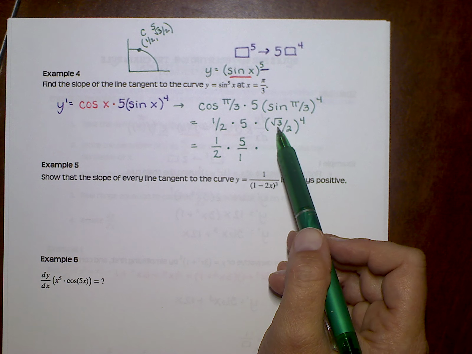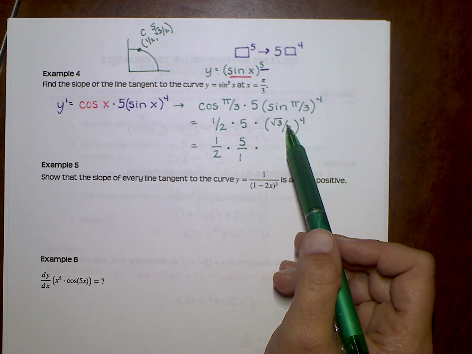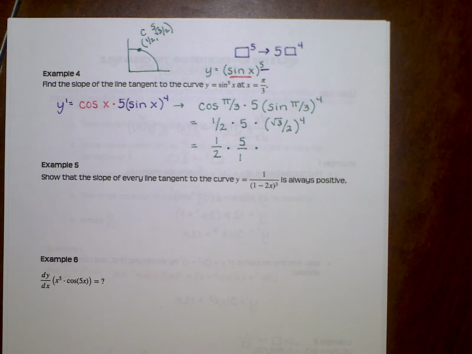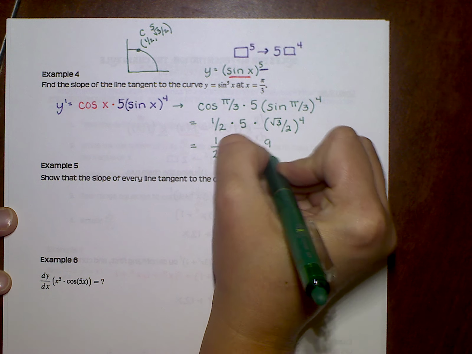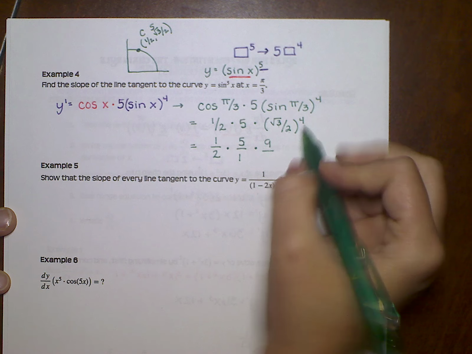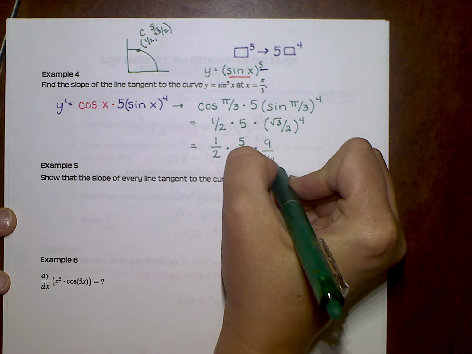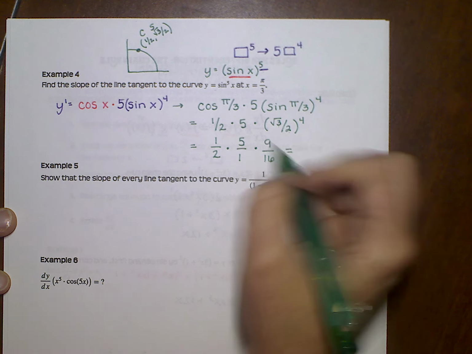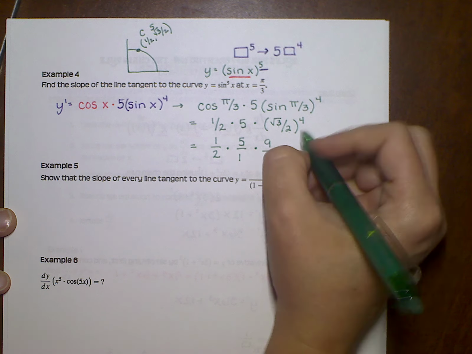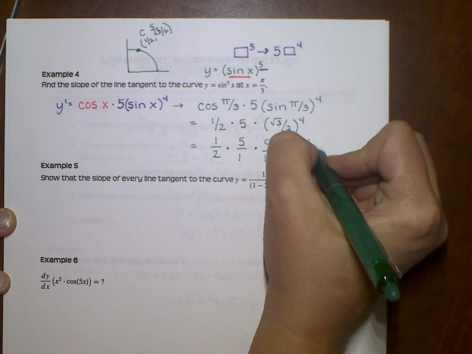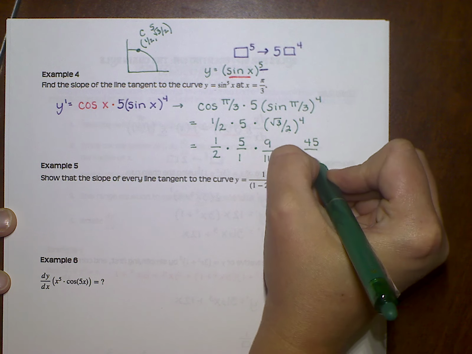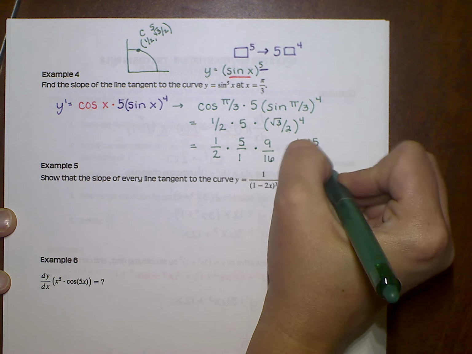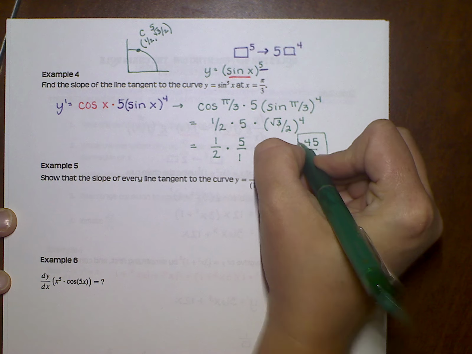And so I'll end up with a 3 and then another 3, because if I have 4 square roots, I would get a 3 and a 3. So that's going to leave me with a 9. And then on the bottom, 2 to the 4th power is 16. And then I'm just going to multiply straight across. So 1 times 5 times 9 is 45. 2 times 1 times 16 is 32. And that right there is my final answer. That's my slope of my tangent line.